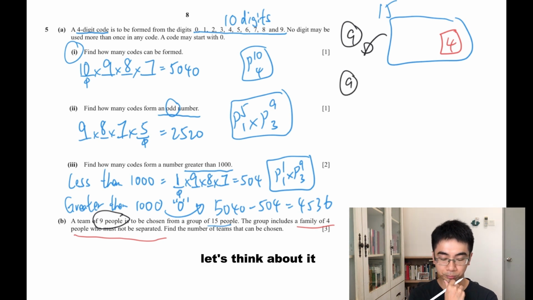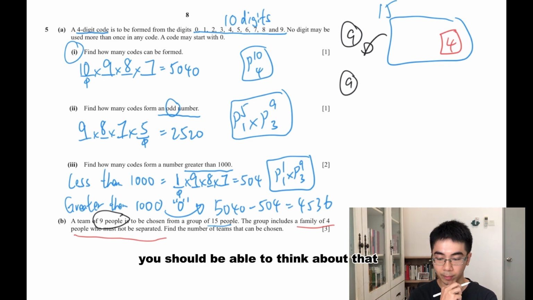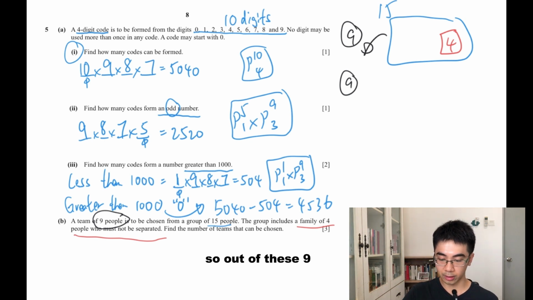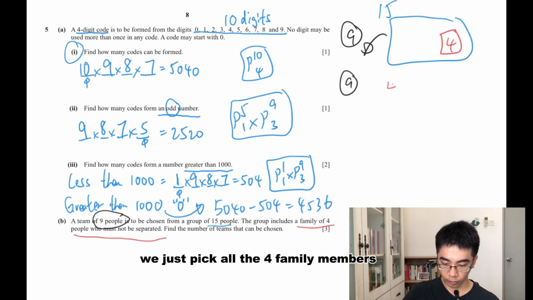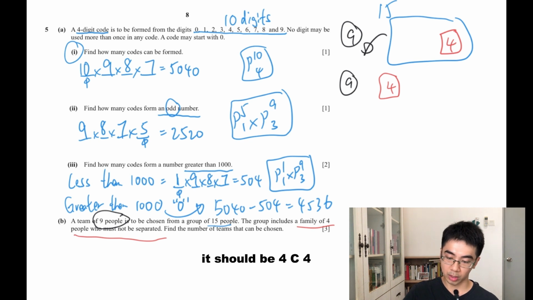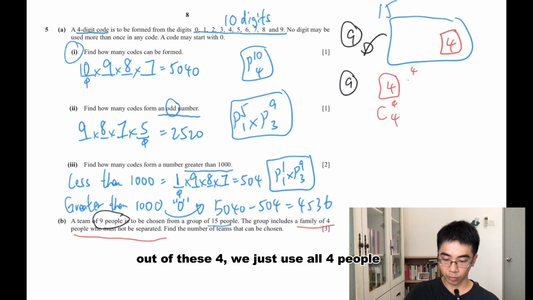Think about it. Actually, there are 2 situations. The first situation should be easy. We just pick the family, so out of the 9, we pick all 4 people. If we use nCr, it should be 4C4, out of these 4 we use all 4 people.